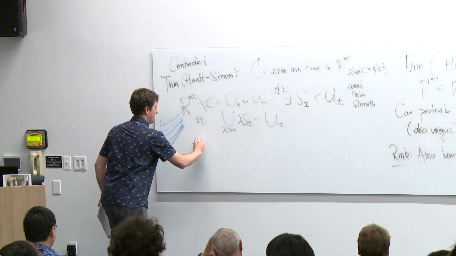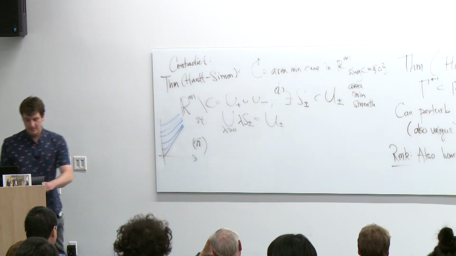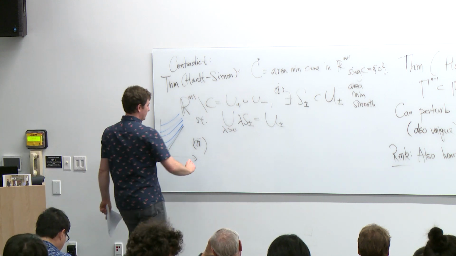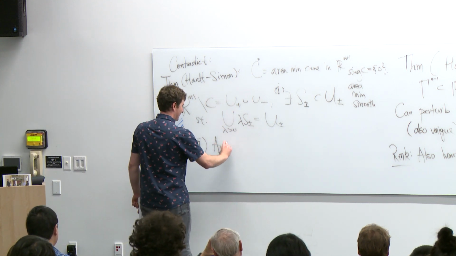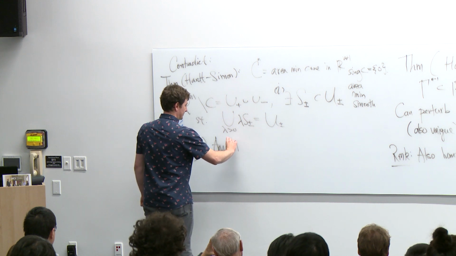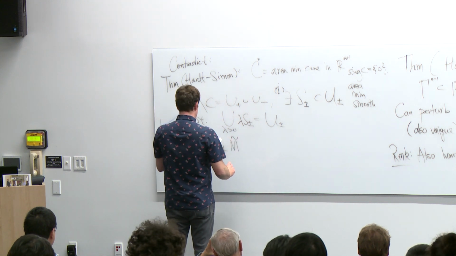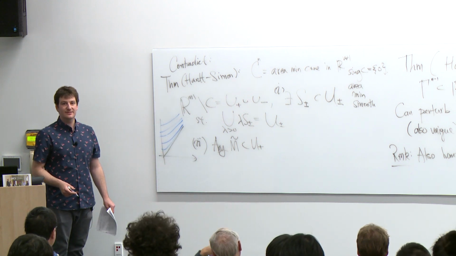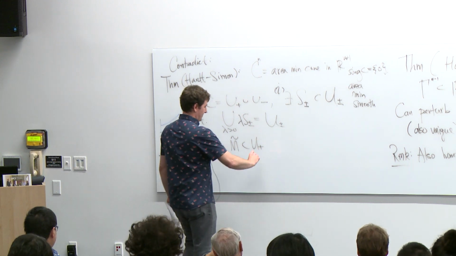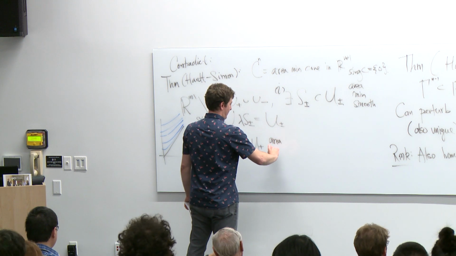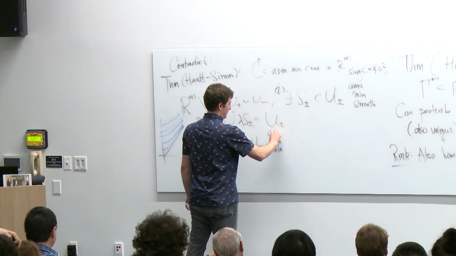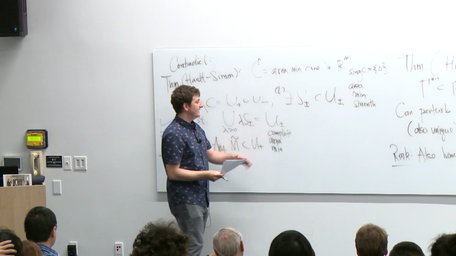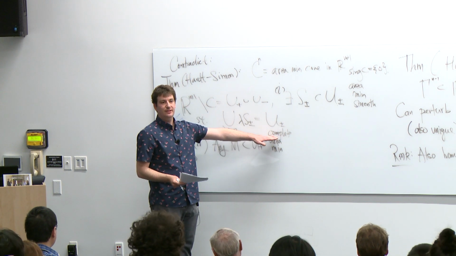And point I is also important, which is that any M tilde, let's say lying in U plus, but of course the same thing for U minus, area minimizing and complete. By complete, I don't mean no singularities, I just mean no boundary in the sense of currents.